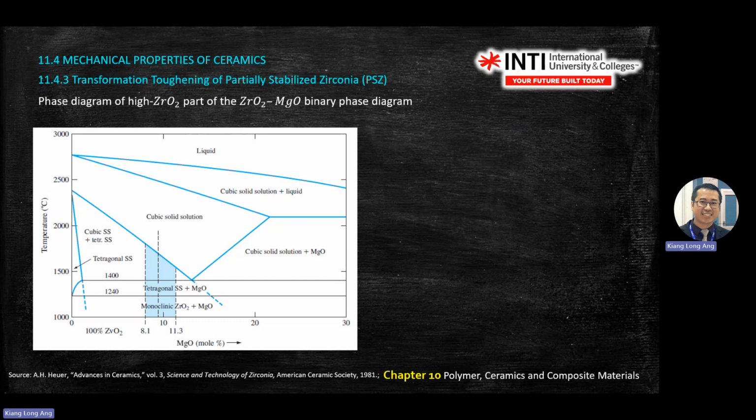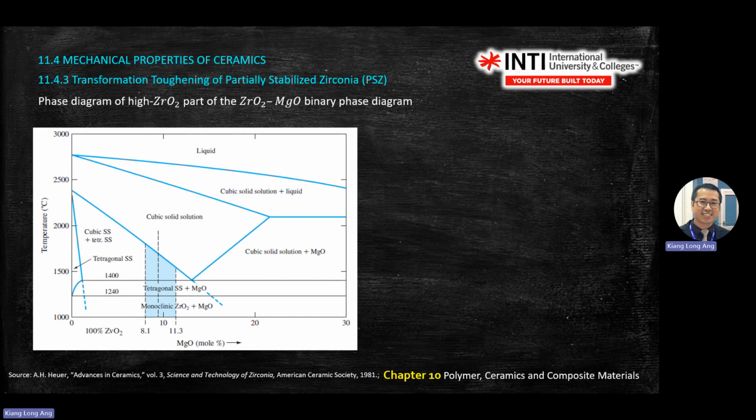So again, this is liquid, then solid is here. This is also solid. Solid solution, cubic, then MgO, and so on. In the test, if you see something like this, you just copy. If you really don't know what it is, you just copy, but at least you know where it is.